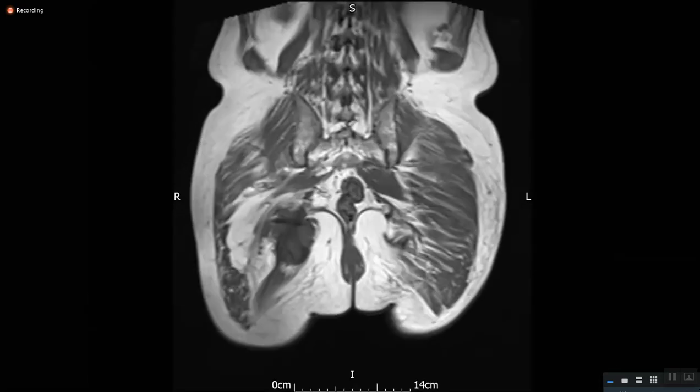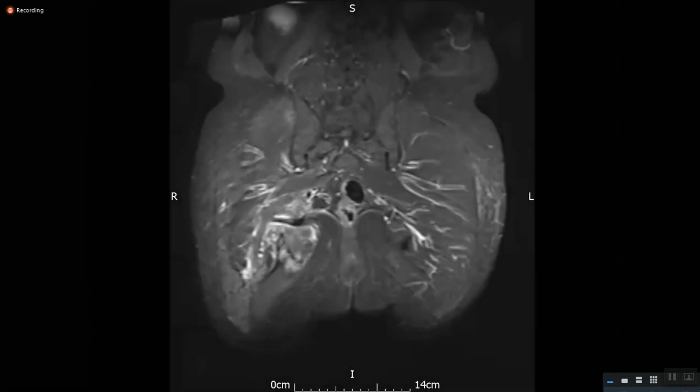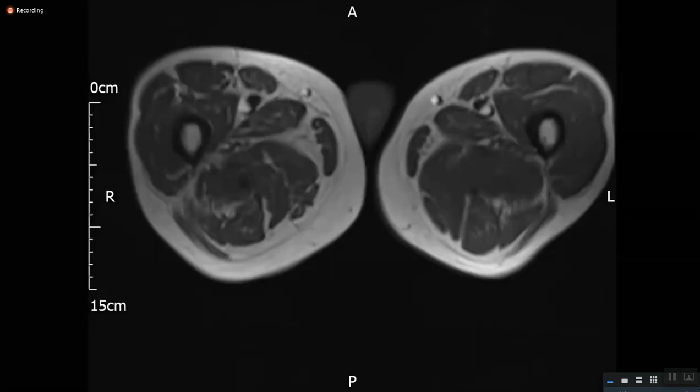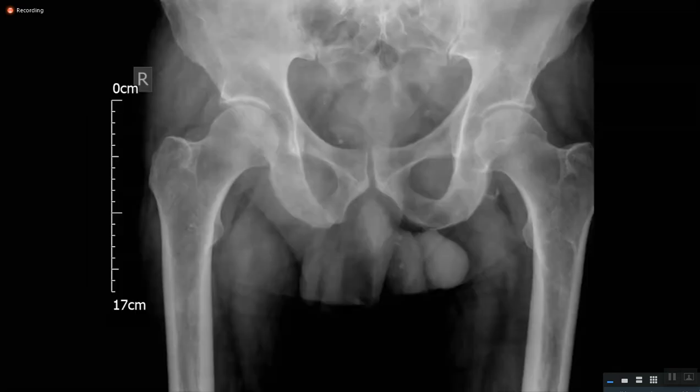Thank you. Now, as I've told you in the beginning, these are favorites for the exam, where they will show you a film in which the finding will be subtle, just like this case. Subtle finding, but a definite finding.